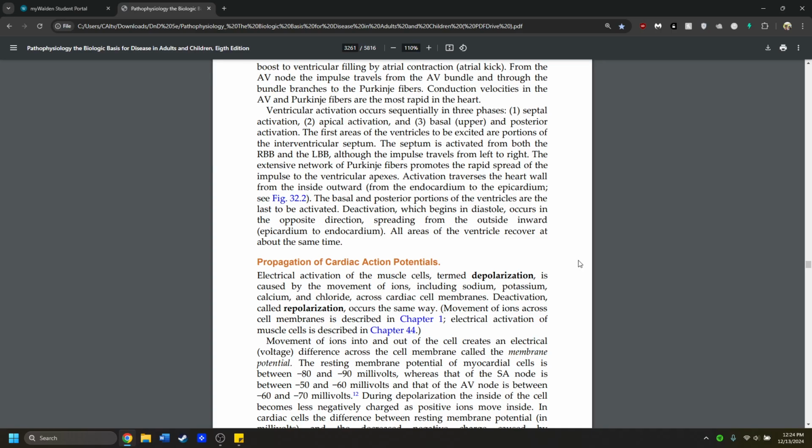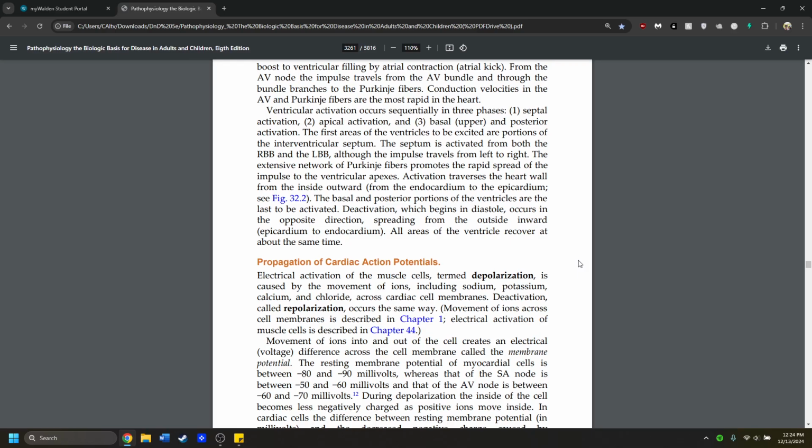Ventricular activation occurs sequentially in three phases: septal activation, apical activation, and basal, upper and posterior activation. The first areas of the ventricles to be excited are portions of the interventricular septum. The septum is activated from both the RBB and the LBB.